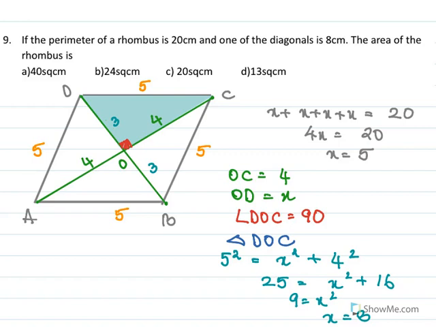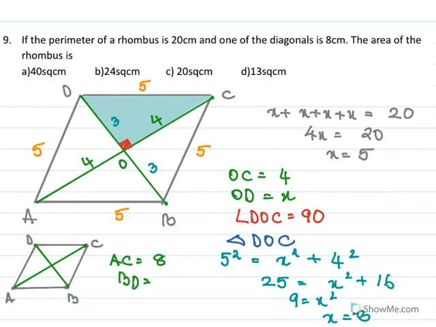So the two diagonals of this rhombus. Here I've drawn the rhombus again and we have two diagonals. One is AC, which is equal to, we have seen, 8. And then we have the other diagonal, which is BD. And BD we have seen is 3 plus 3, that is 9.